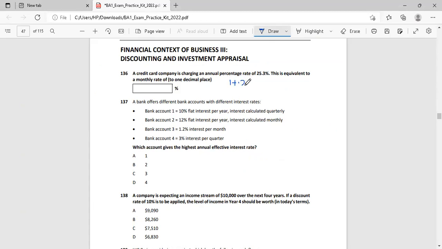Now this is calculated 12 times in a year, so 1.253 whole to the power of 12. After we calculate that, this is the annual ratio.